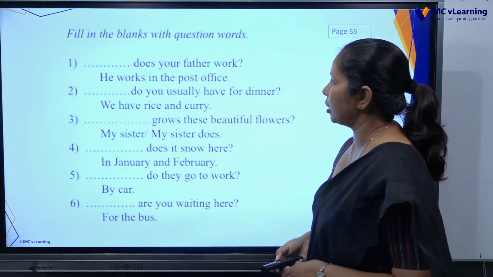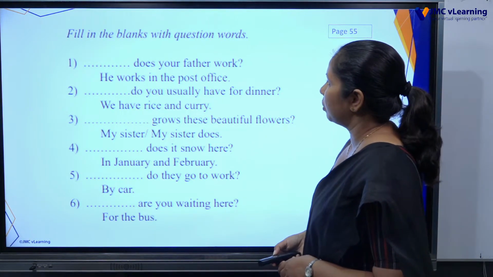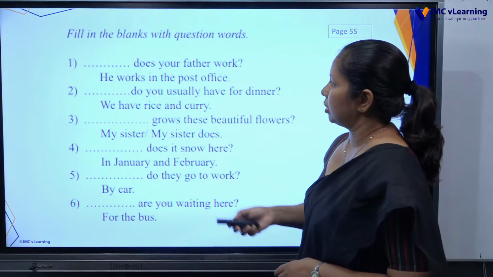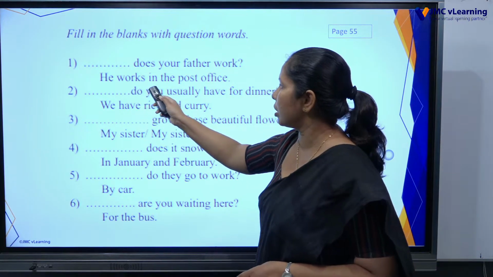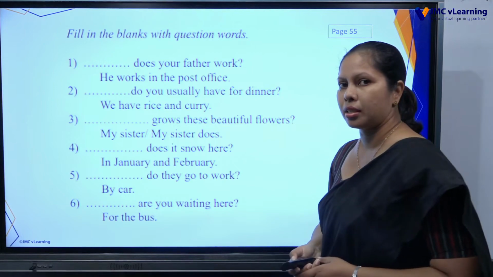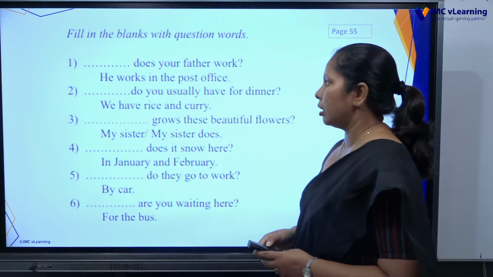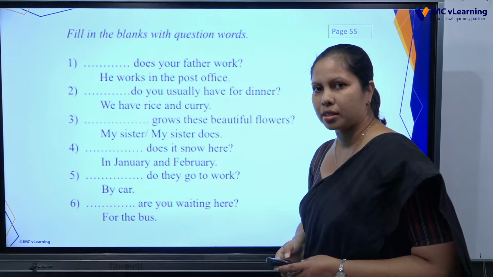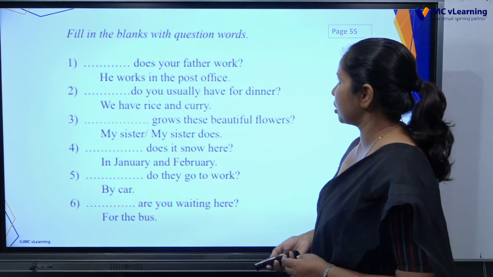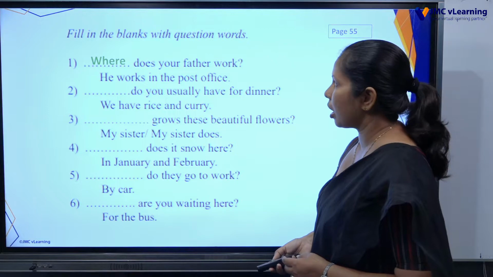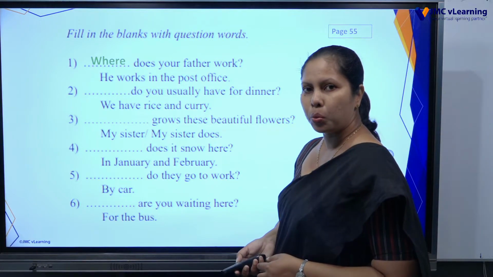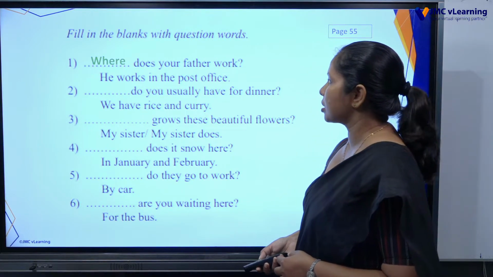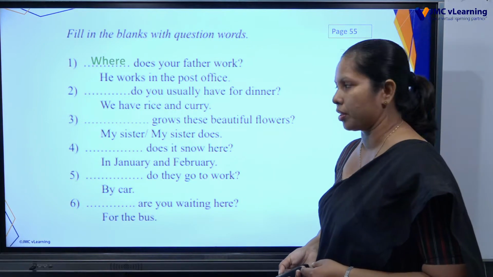The first one, where does your father work? The answer is he works in the post office. So that means the answer gives about where a father works. So the question word should be, where does your father work? He works in the post office.